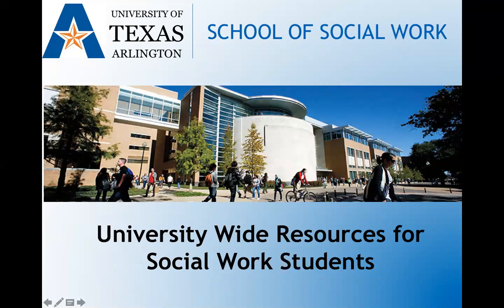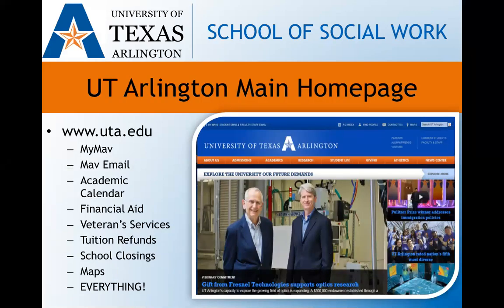As I mentioned, there are also a number of university-wide resources for social work students. From the UTA homepage, you can use that search bar in the top right-hand corner to basically find whatever it is you need from the university website. So information about deadlines, the academic calendar, when the semester will begin and end next spring, for example.